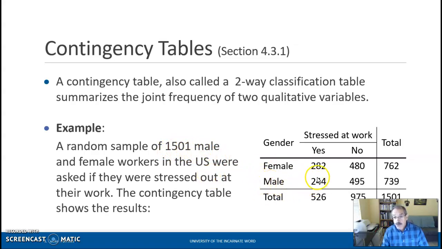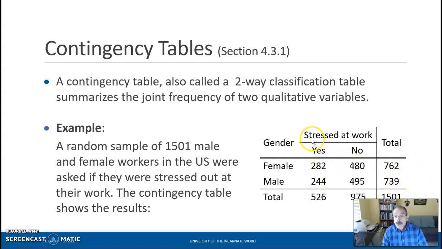If we look at this row, this number 244 implies that there are 244 males that are stressed and 495 male workers that are not stressed. If you sum these two numbers, 244 and 495, you obtain 739, indicating that there are 739 male workers in this sample of 1,501 workers. If you add 762 plus 739, you obtain 1,501.